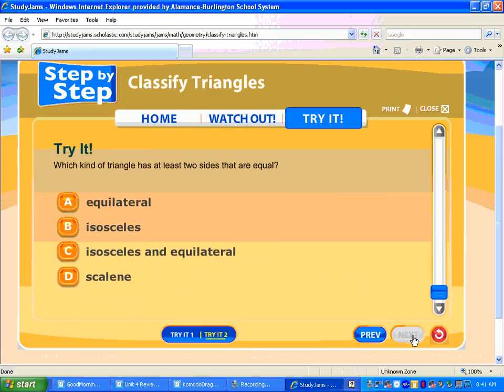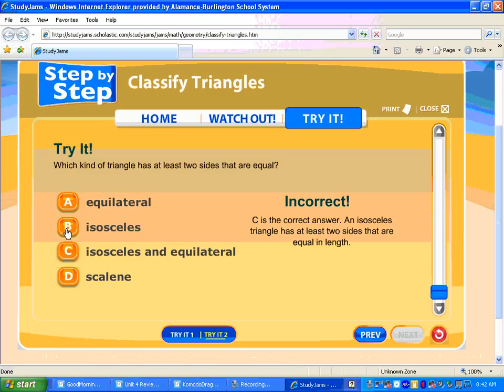Here's a pop quiz. Which kind of triangle has at least 2 sides that are equal? A, equilateral. B, isosceles. C, isosceles and equilateral. Or D, scalene. I see mostly 2s. Sorry, that's not it.